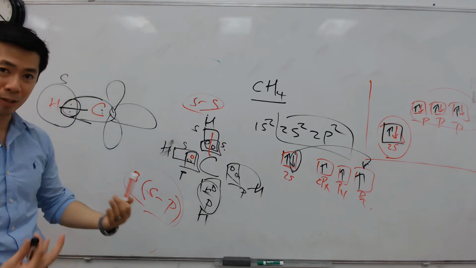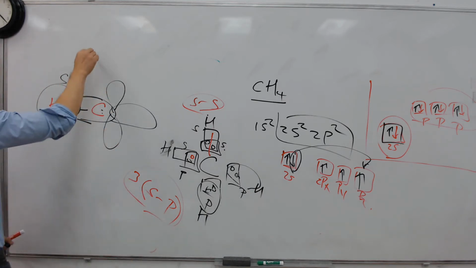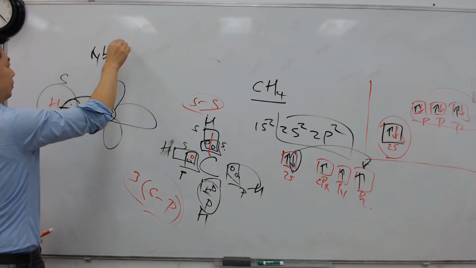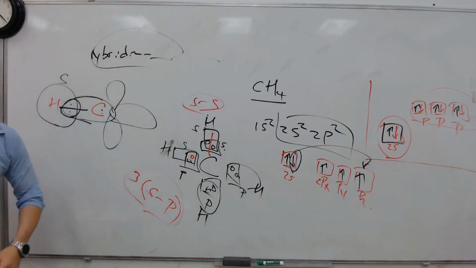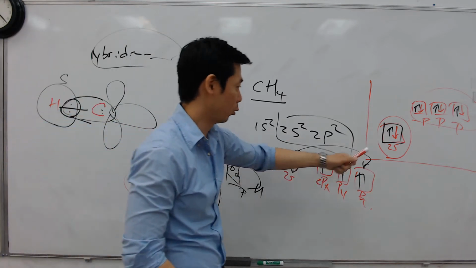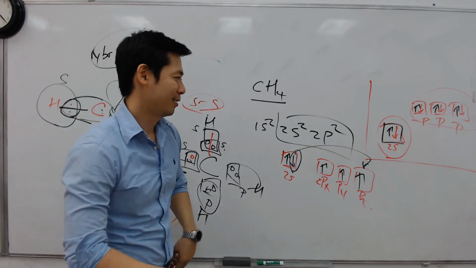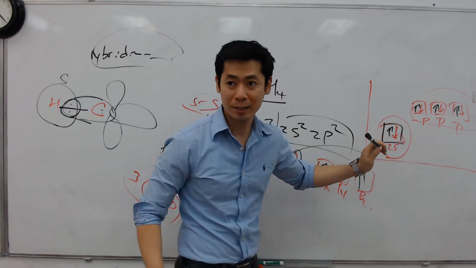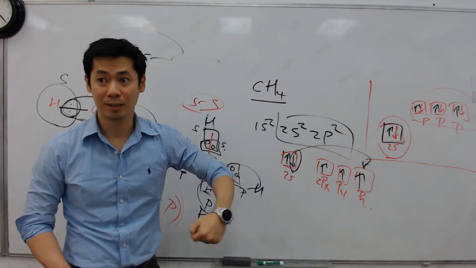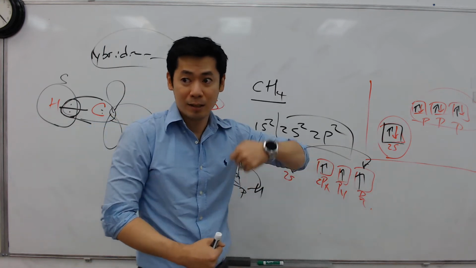So what do they do? They introduce hybridization. Orbital hybridization means they're mixing the orbitals. At a high level, instead of having 1 s and 3 separate p's, they say when they bond, they get mixed up.